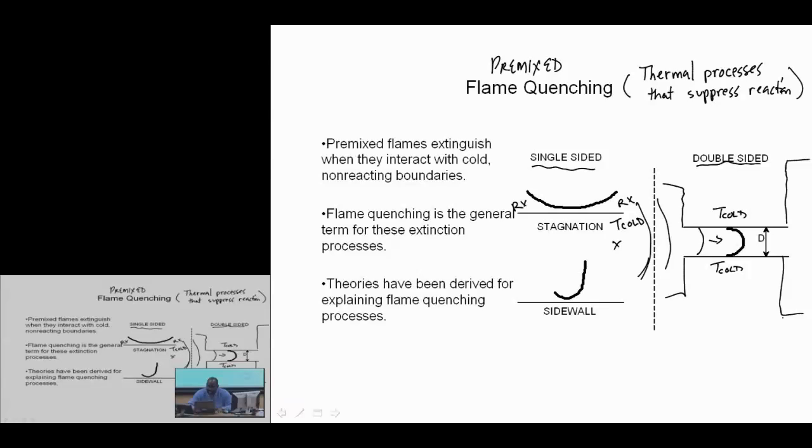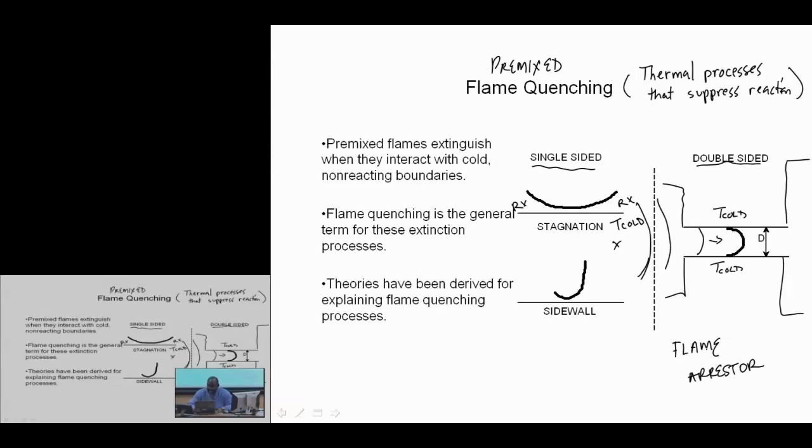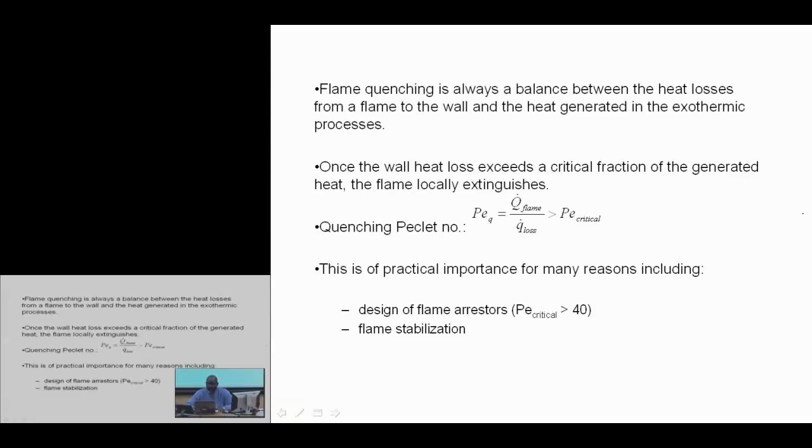So a flame arrestor is a safety device that inhibits the connection of a flame between, for example, two volumes. So you put it in safety systems so that this reaction process doesn't take place. And sort of the simple idea is that there's something called a Peclet number. So a Peclet number is really just a characteristic velocity, a characteristic length scale, divided by a characteristic diffusivity.